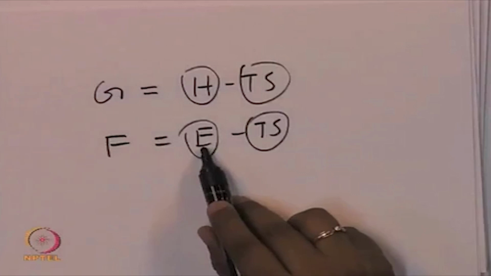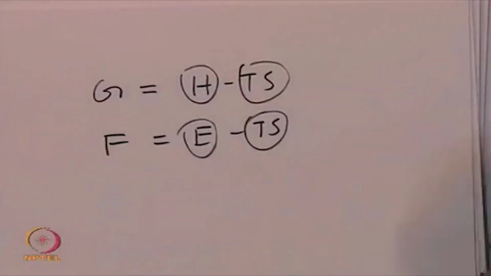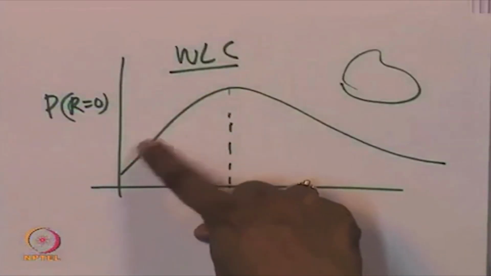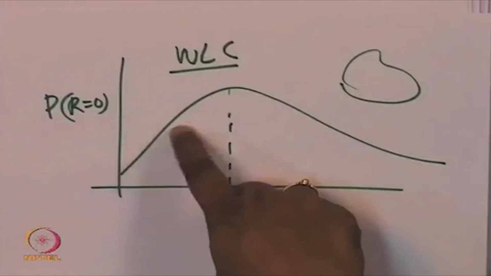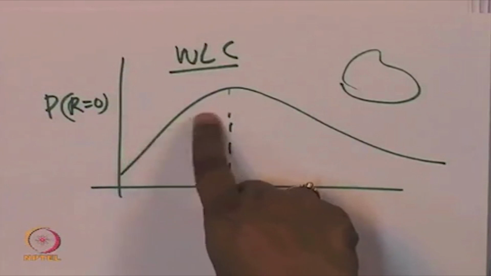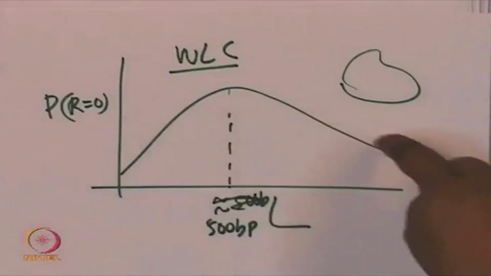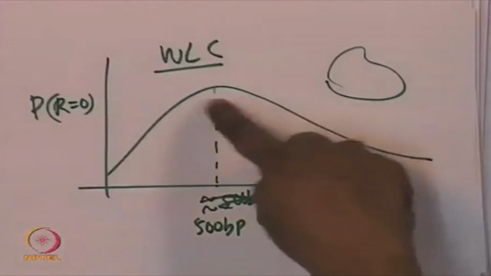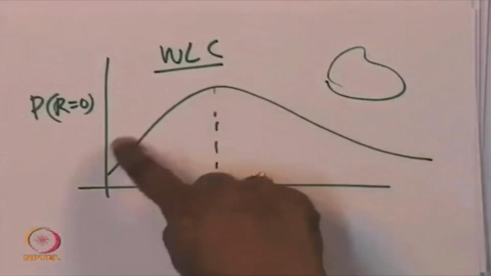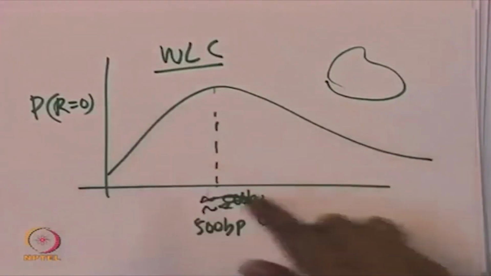Energy does not want the DNA to bend, because if you bend the DNA, it costs a lot of energy. So, for the short filaments, energy dominates. That is the first part of the curve, where the energy part of the free energy dominates, and here the entropy dominates. Somewhere in the middle it is a combination between energy and entropy, which makes it non-monotonic.